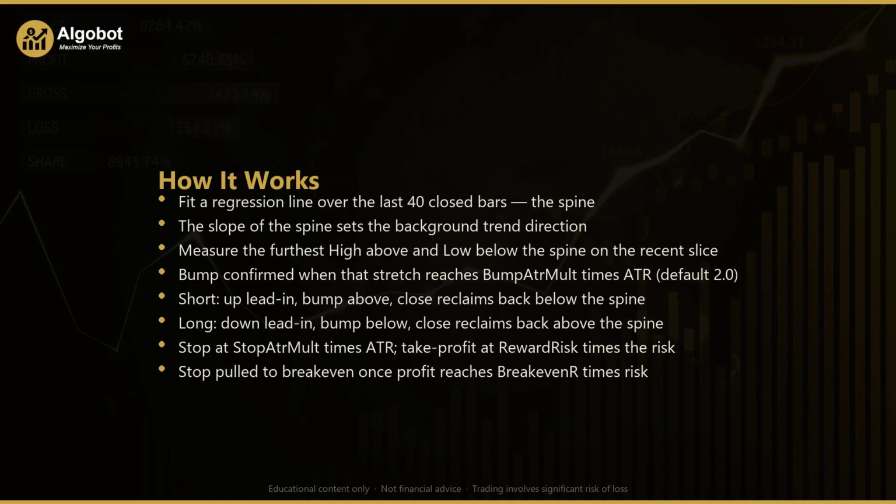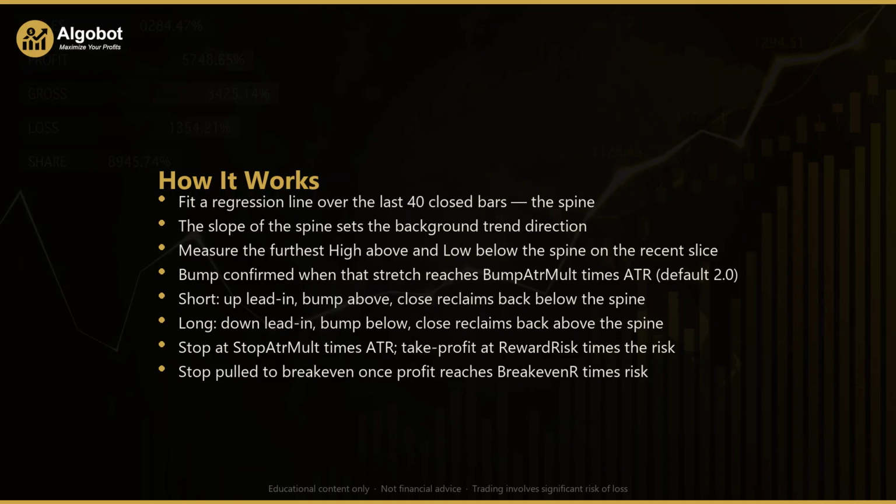Risk is deliberately tight for a lower drawdown profile. On entry, the protective stop is placed StopAtrMult multiple times ATR beyond the entry, defaulting to 1.2 times ATR. The take profit sits at RewardRisk times that stop distance. So with the default of 1.8, the target is 1.8 times the risk.